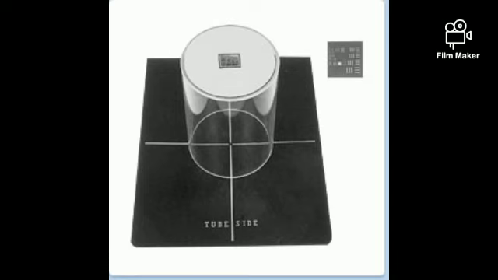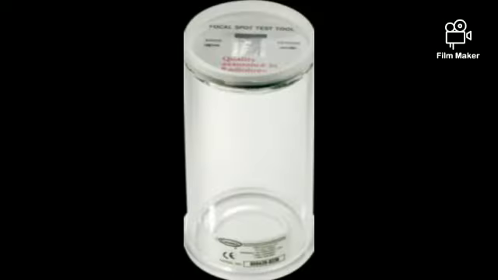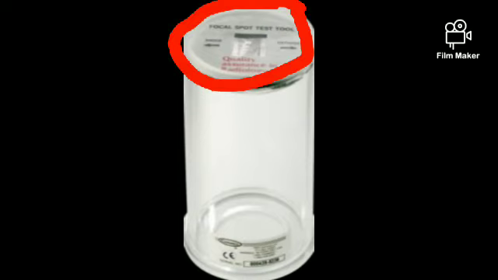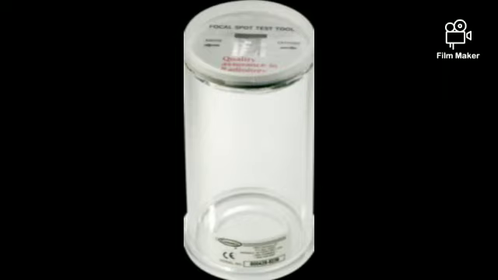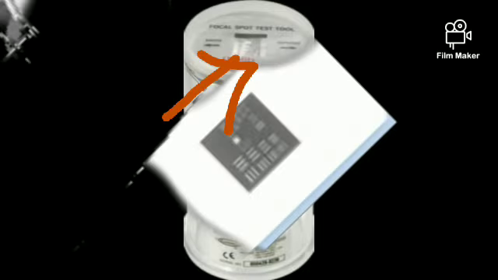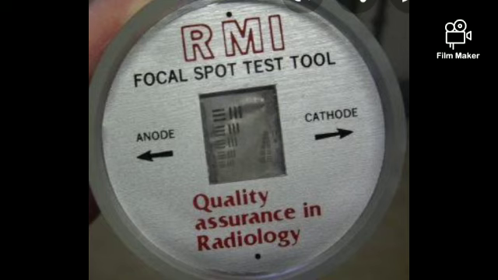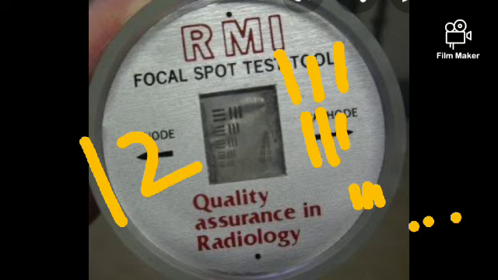What is the construction of our acrylic hollow cylinder? This cylinder has a 6 cm diameter and 15 cm height, and at the top you can see one circular bar pattern. This bar pattern is made up of tungsten plate and has 12 groups of lines of decreasing dimension.